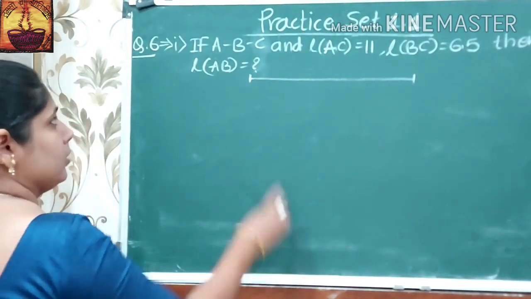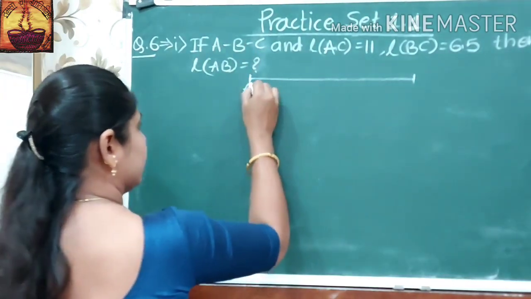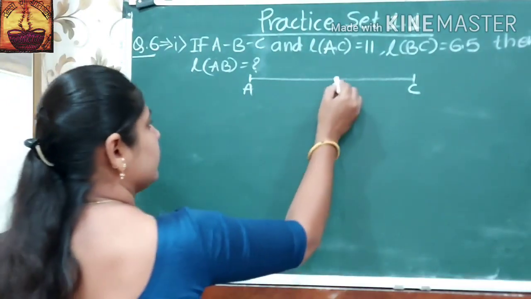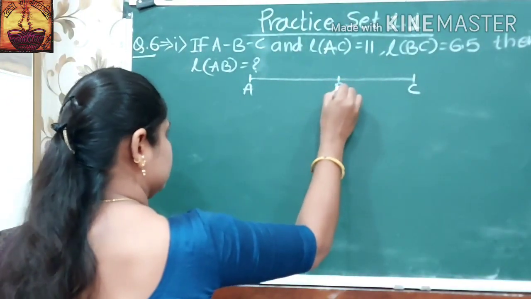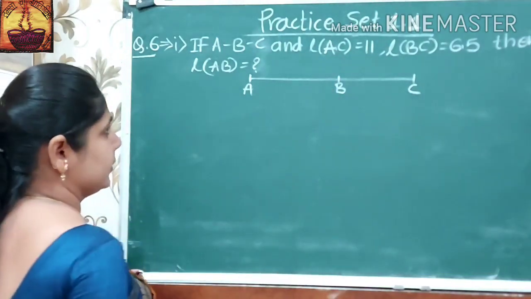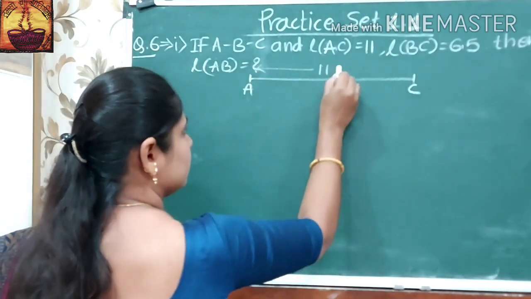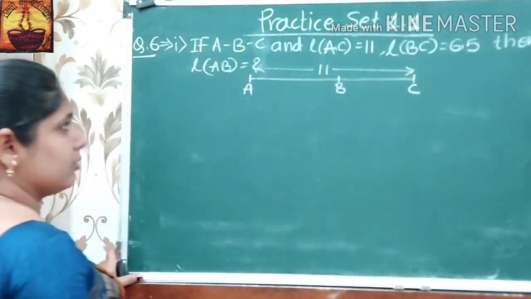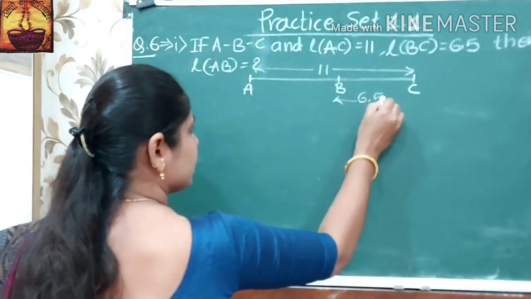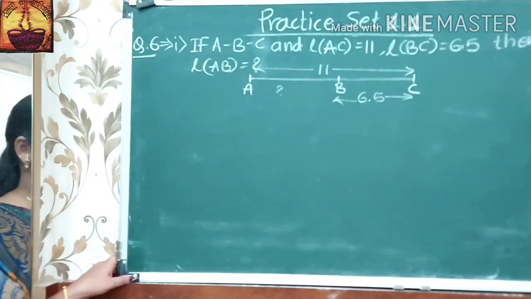Point B is between points A and C, therefore the end points are A and C. Denote point B in between. Length AC is 11 and BC is 6.5. We have to find length AB.